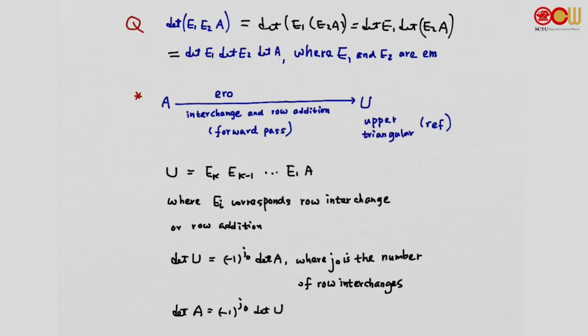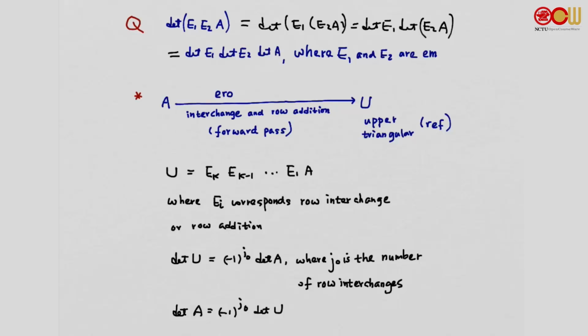Remember how we define determinant A? We use cofactor expansion to define determinant A. So we need to compute the determinant by expanding along a certain row, and then we get a smaller submatrix, and for the smaller submatrix we can again expand along a certain row to get the determinant of an even smaller submatrix, continuing iteratively. But now with this relation we can compute the determinant in this way.